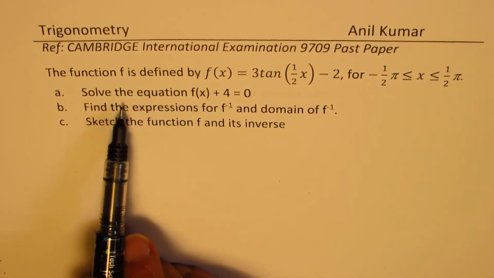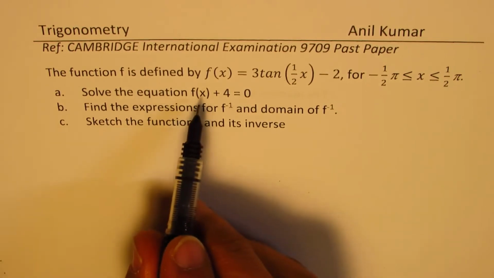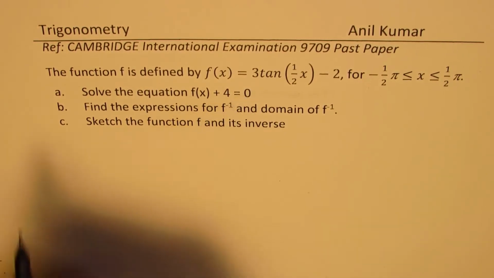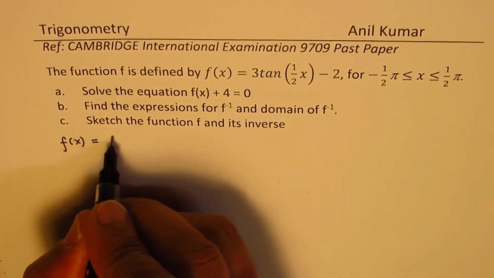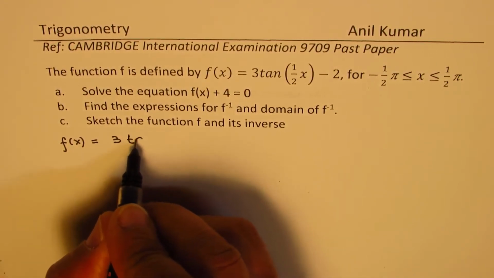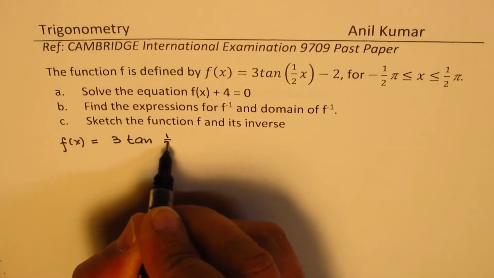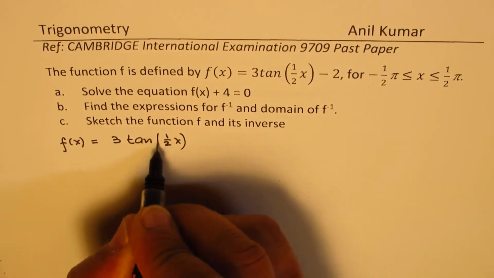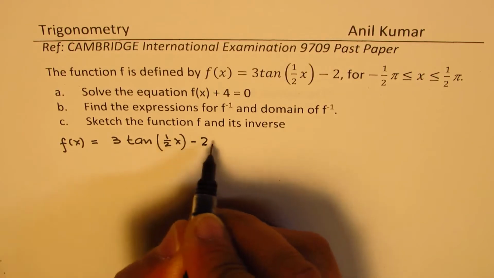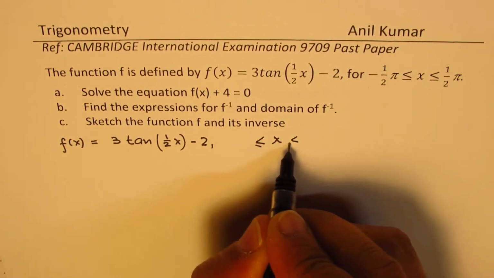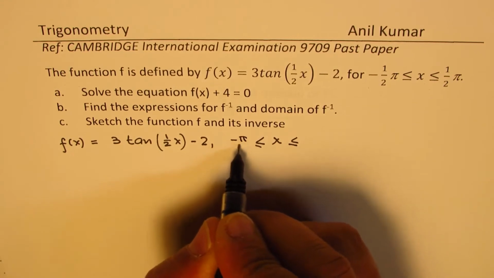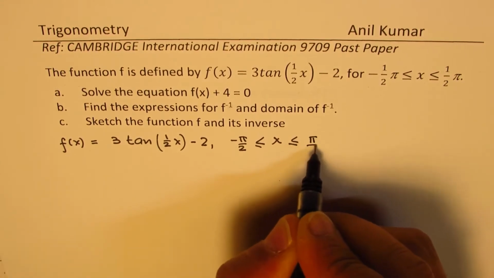So let's begin with the very first part, which is f of x plus 4 equal to 0. We are given f of x as equal to 3 times tan of half x minus 2, and we need to find the solution when x is between minus pi by 2 and pi by 2.